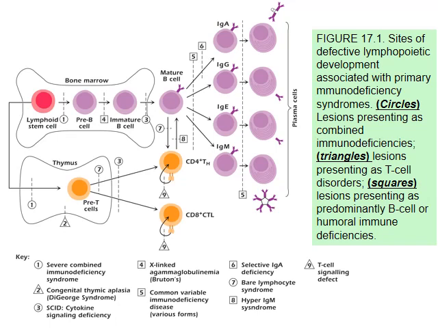For example, in this figure, if you pay attention, some of the lesions are presented as circles, which suggests a combined immunodeficiency, both B and T. And some of them are shown as triangles, suggesting that they are T cell disorders, and some of them are in squares, suggesting to you that they are primary B cell disorders. And you can see from here, this is a key. And you can see these are some of the disorders that we clinically see.